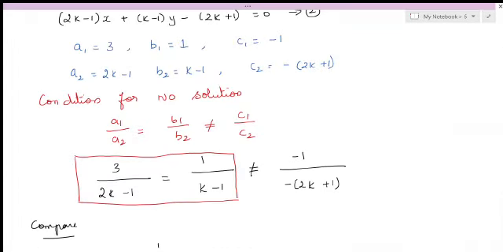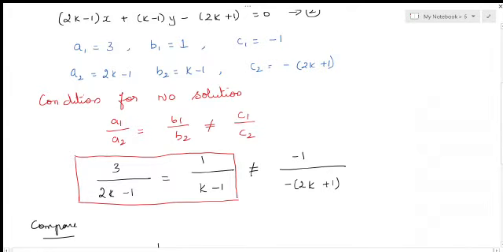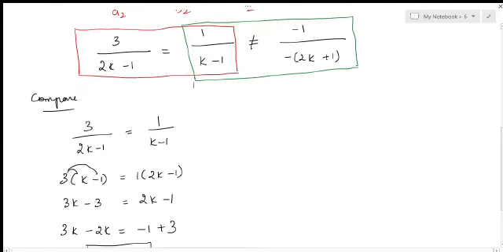Now what is the other two part? Here they have given 1 by k minus 1 is not equal to minus 1 divided by minus 2k plus 1. Let us compare those two parts.